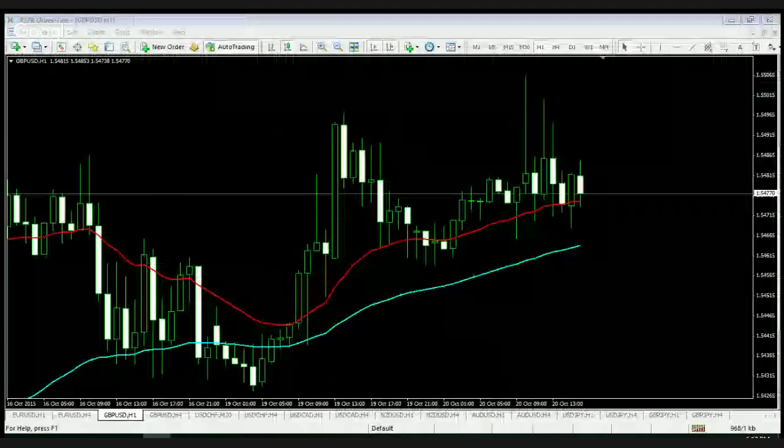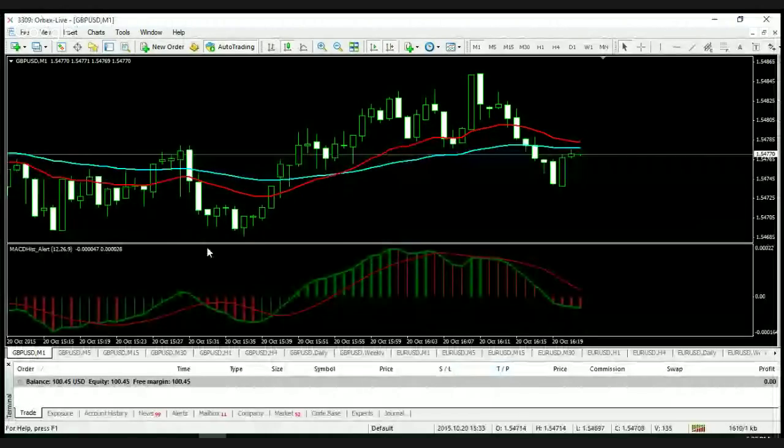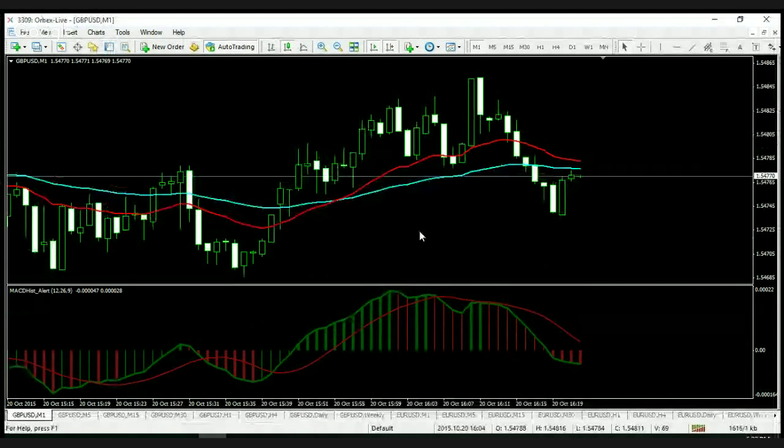So we have an uptrend on most of the pairs. So what is the reason? The reason is simple, because most of these pairs have dollar on one side.